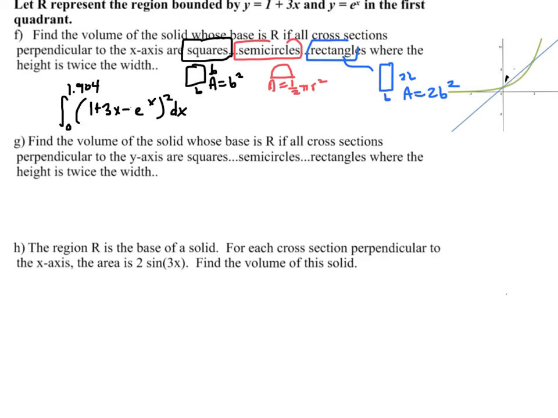Now, if instead of squares they were semicircles, like this, now the difference between the two functions is the diameter. So to get the radius, we need to take that difference and divide it by 2. So I'm going to have 1/2 pi. I'm still going to have an integral.